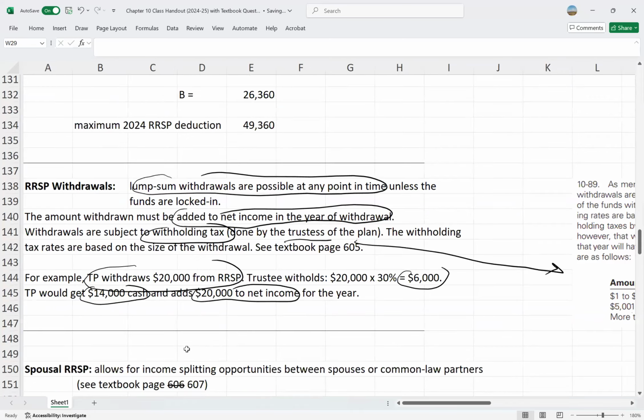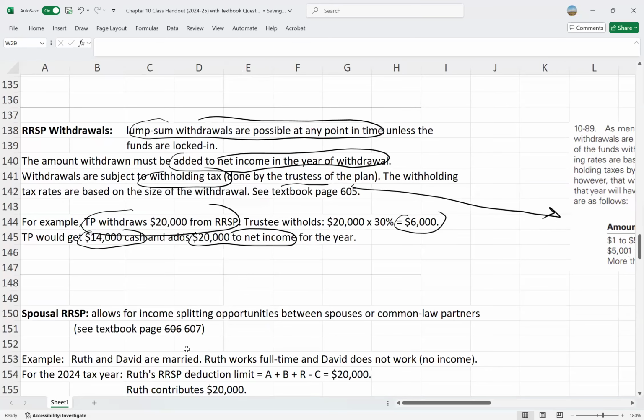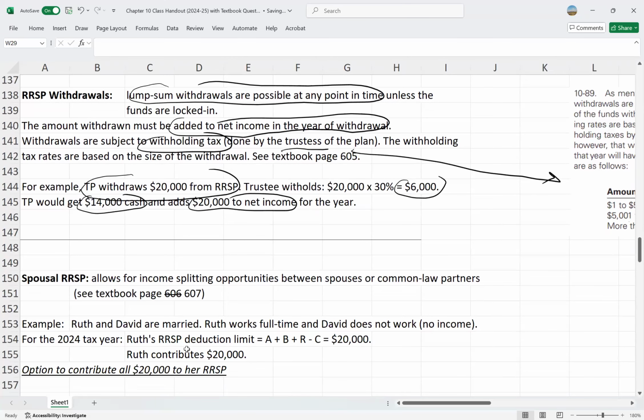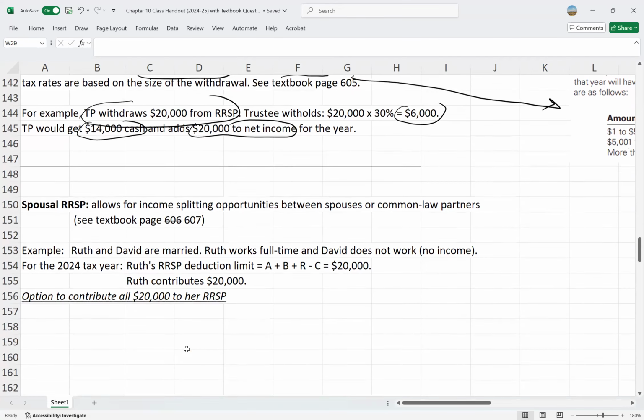Then we move on to this concept of spousal RSP. A spousal RSP is money that you put into an RSP that is in your spouse's name, but it's based on your RSP deduction limit. So let me give you an example here. Let's say Ruth and David are married.